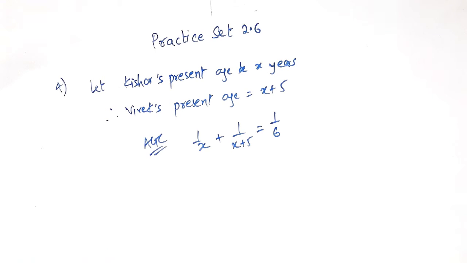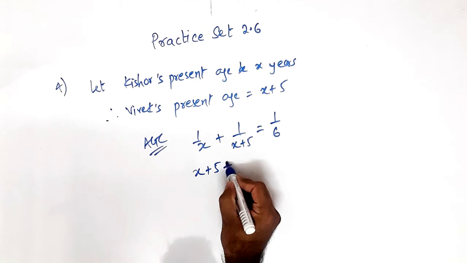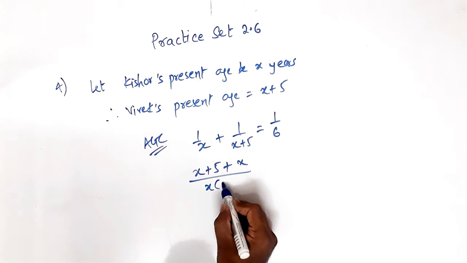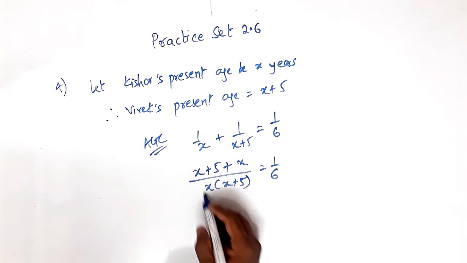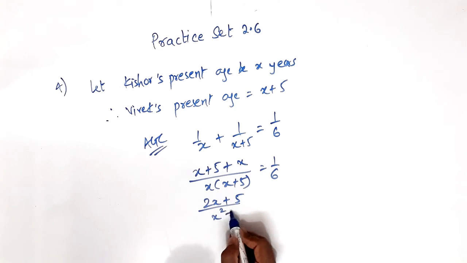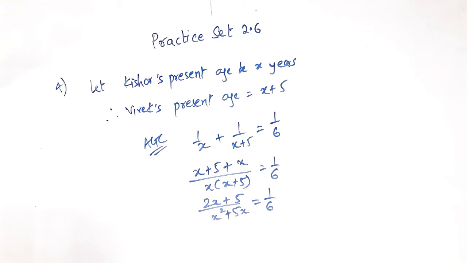Because it is 1 upon 6, we will carry out the working and make it a simple quadratic equation. I'll cross multiply: x plus 5 will come here, plus x will come here, and in the denominator they both get multiplied, equals 1 upon 6. x plus x is 2x plus 5 upon x square plus 5x is equal to 1 by 6.